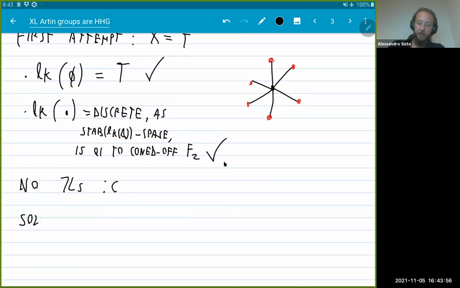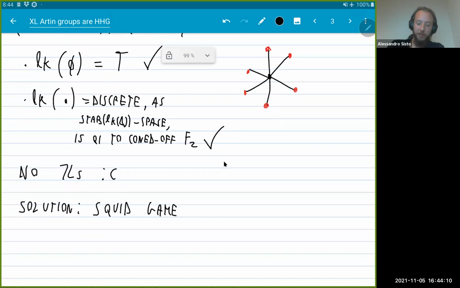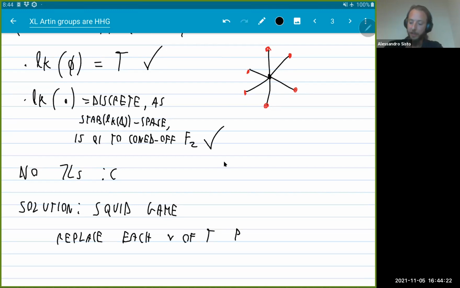But there's a solution to this, which is we make X just the tree slightly more complicated. And so the solution is to play a Squid Game. The game is to replace each vertex of the tree by a picture which looks like this. Okay, so that's a squid.